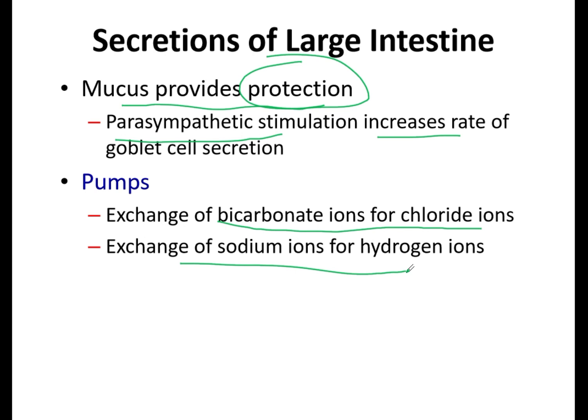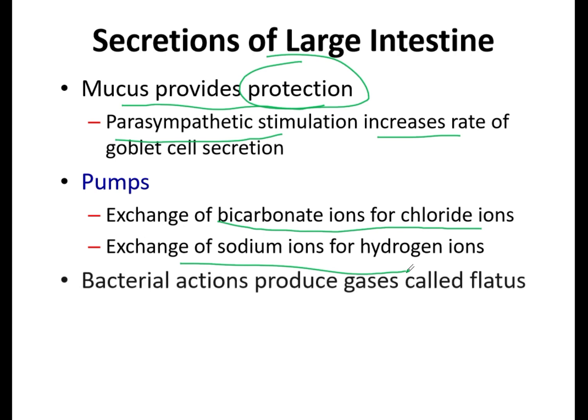Next, bacterial action also produces gases called flatus.